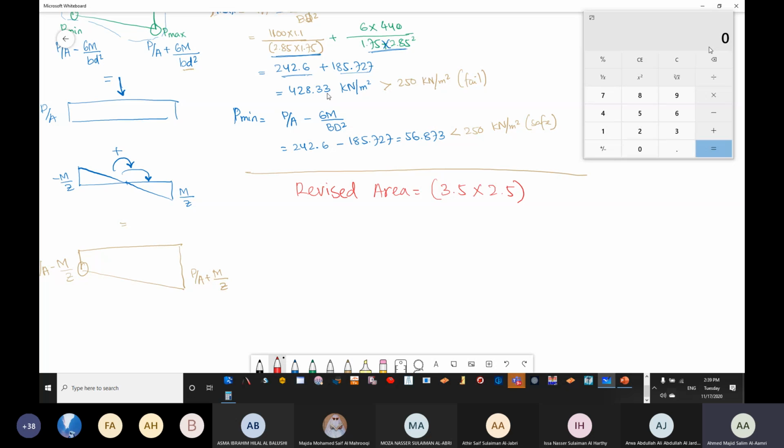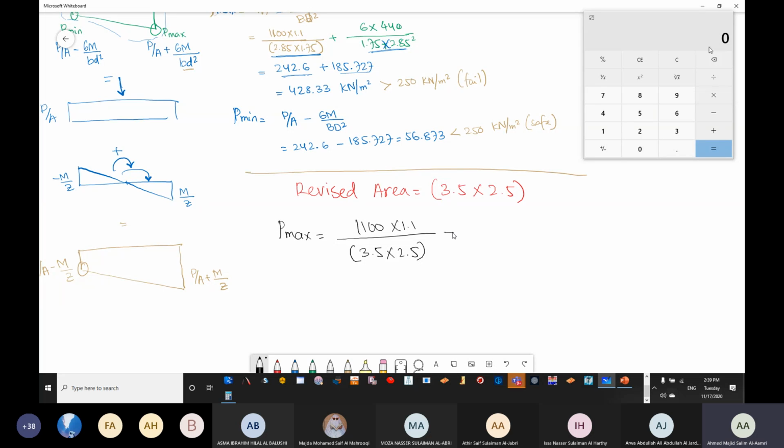Now let us do the same equations. Now we have P maximum. What do we have? We have 1100 multiplied by 1.1 divided by the new area, 3.5 multiplied by 2.5.